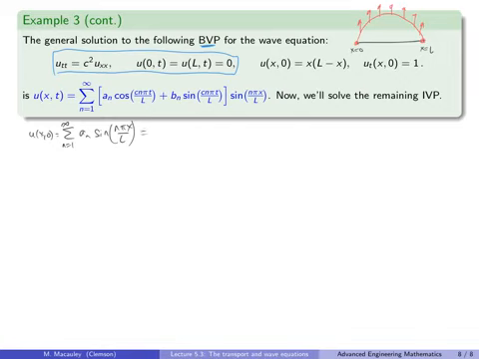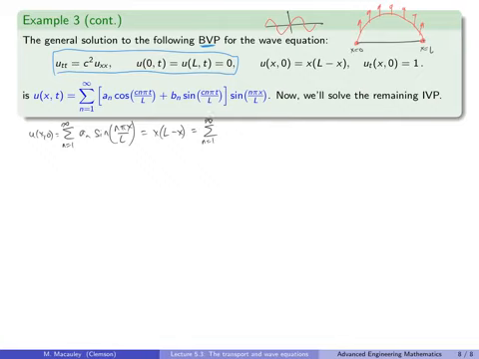So we set this equal to the initial condition, which is x times L minus x. And this is a Fourier sine series, so we have to write it as one, because that function is just this guy. We've done this before, so I'm not going to redo it.